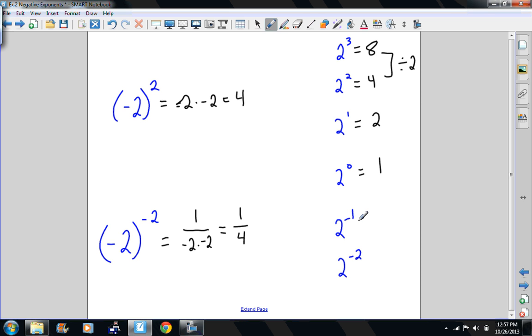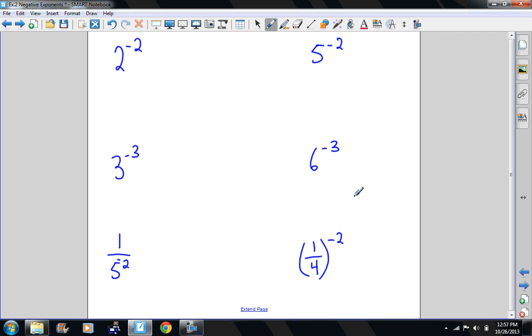But 2 to the negative first, 1 divided by 2, is just 1/2. And 2 to the negative second would be equal to 1/4. So as soon as we get past this point, negative exponents will always be fractions. And that will always be true. There's no time that you would have a negative exponent that wouldn't at least have a fraction somewhere in the problem.